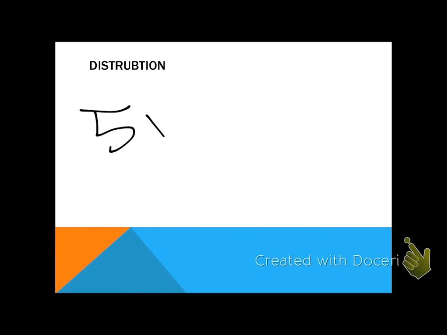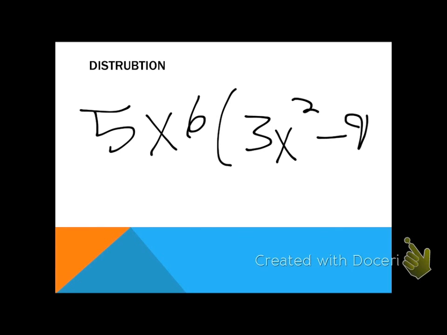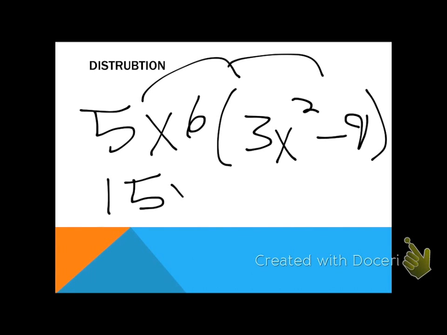You got 5x^6(3x^2 minus 9). So if it has exponents, all the rules still apply that we just learned. So that'd be like 15x^8, because we're just multiplying, minus 45x^6. Okay?